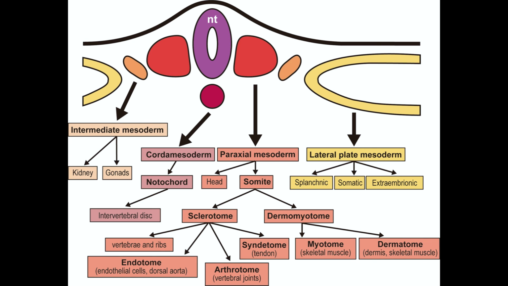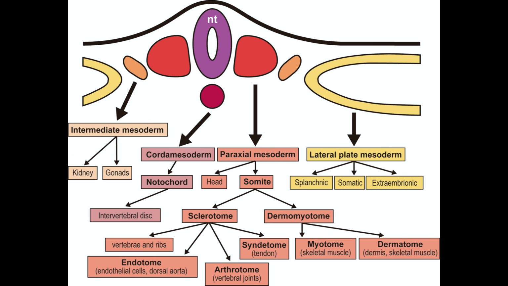Now, remember that in the limbs, the bones are there from the lateral plate mesoderm, but muscles are still not there. Now, the myotome from the somites will migrate into the limbs, from distal to proximal. And also, aside from the myotome, the syndetome from the somite, particularly the sclerotome, will also migrate into the limbs.